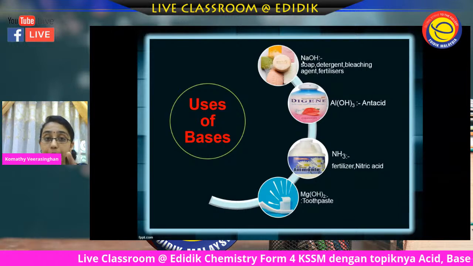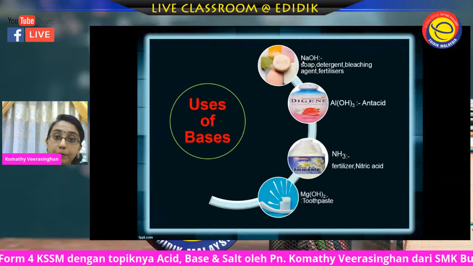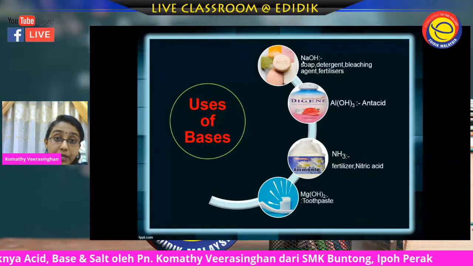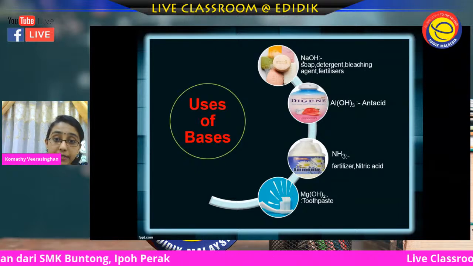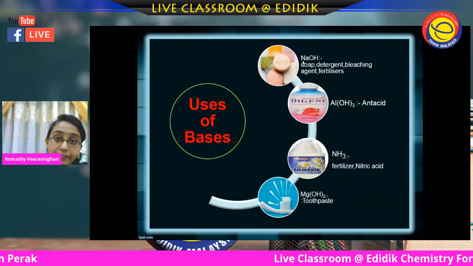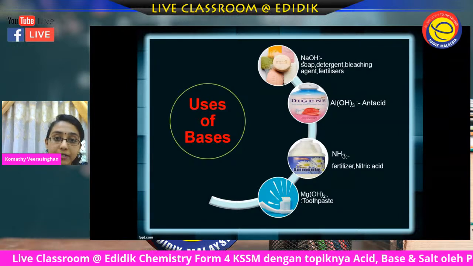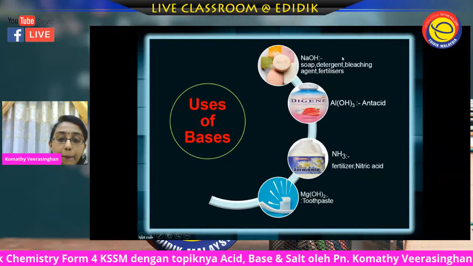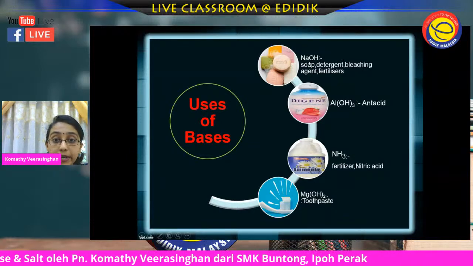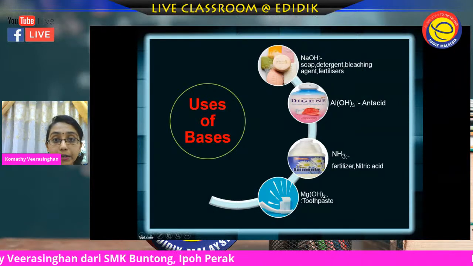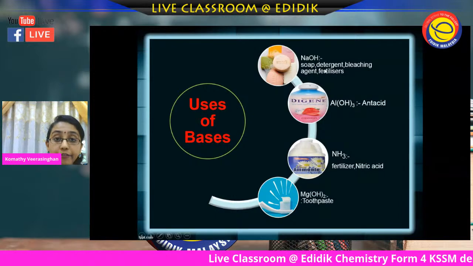So there are two types of bases used in preparation of soap: sodium hydroxide and potassium hydroxide. Can you see it? So the function of base and acid are very essential in our life. We can't separate our life from these two chemicals. Besides preparation of soap, we can also use sodium hydroxide in preparation of detergent, bleaching agents, and fertilizers.